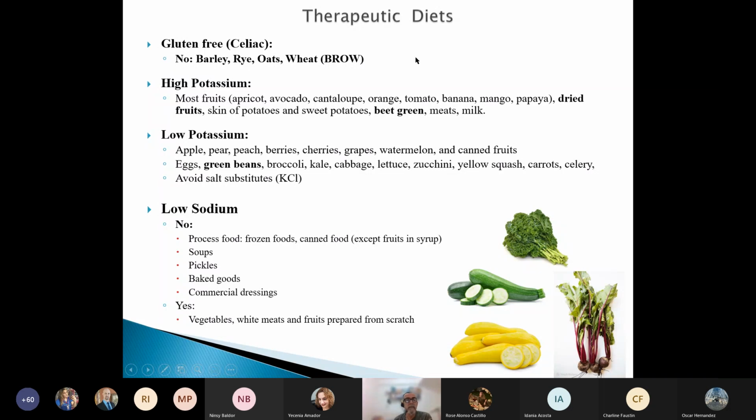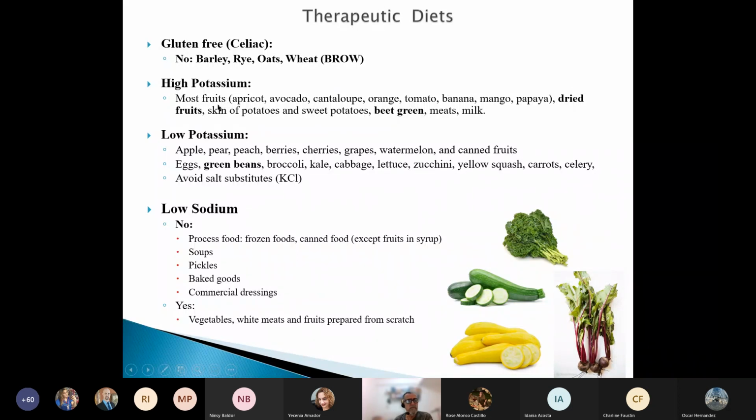The high potassium diet and the low potassium diet are super frequently tested in the NCLEX, common questions, and you cannot avoid that. And sometimes they are difficult. In reality, the high potassium diet is relatively easy, because most fruits and vegetables are rich in potassium.